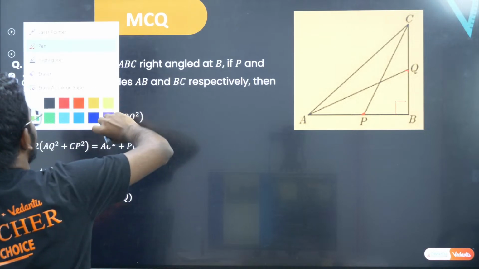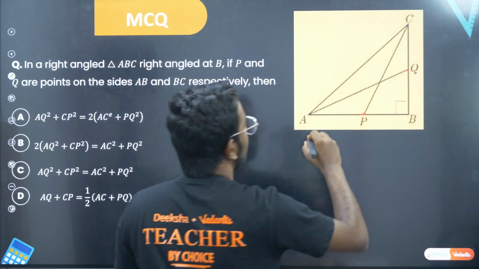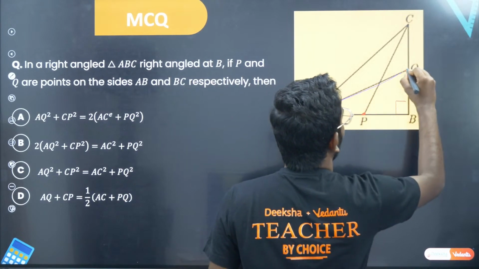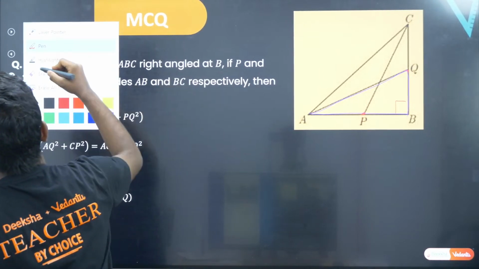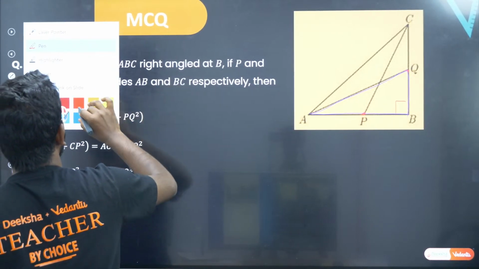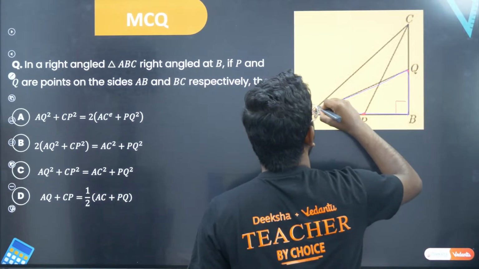Let me consider this as two right angle triangles. This is one right angle triangle, and one more I'll take with a different color, the red one. So this is one more right angle triangle.